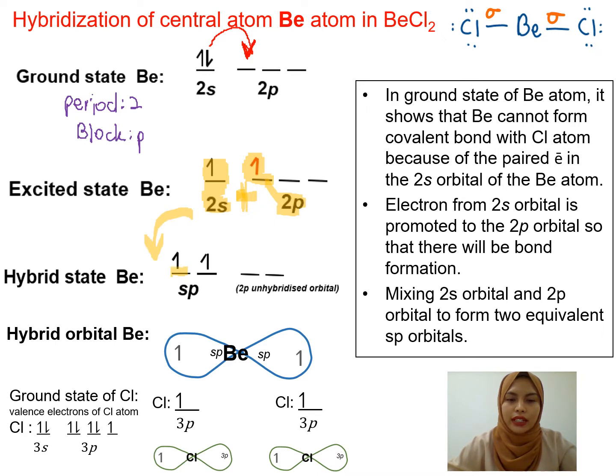So that's why you get 2 new sets of hybrid orbitals, sp. Because you take one orbital of s and mix it with one orbital of 2p. So that's why you get 2 new sets of sp hybrid orbitals with a single electron each.